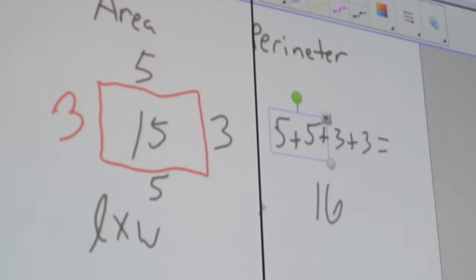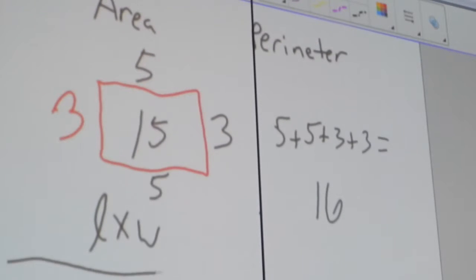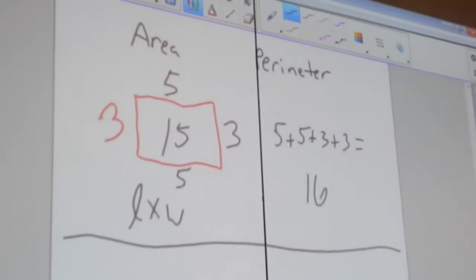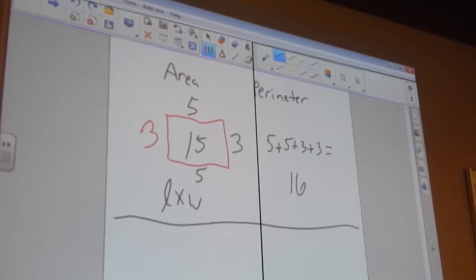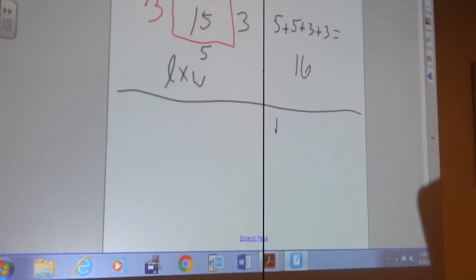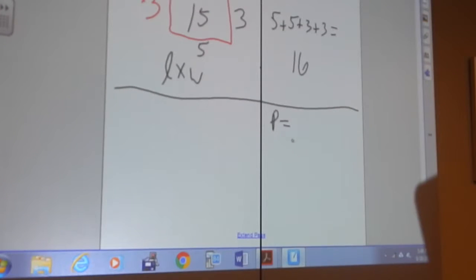All right? Now, let's say I had to work this problem backwards. What if I knew the perimeter was 20?